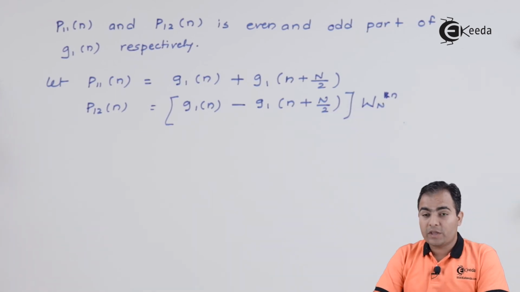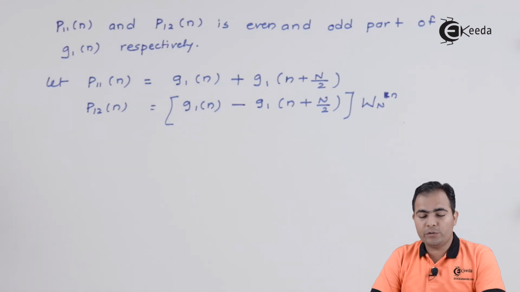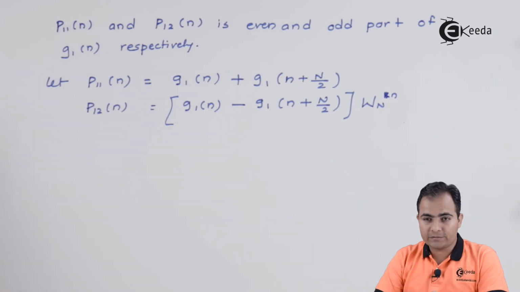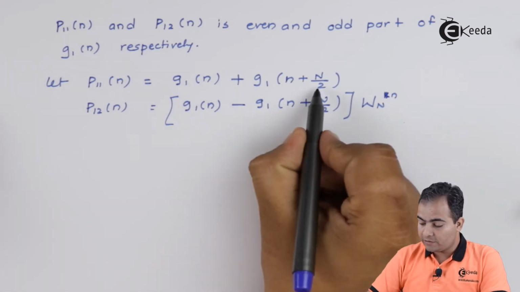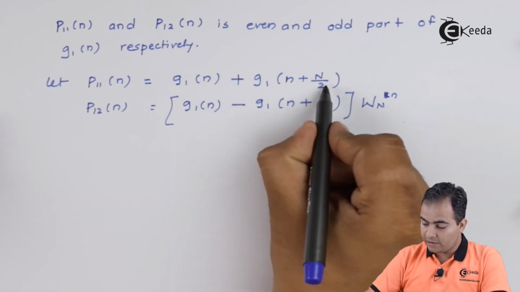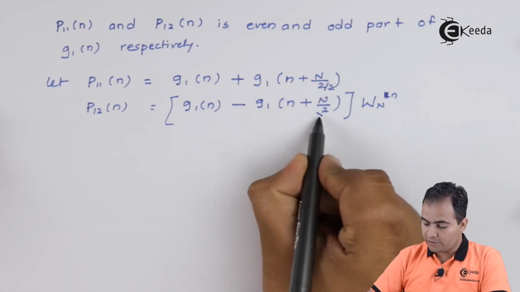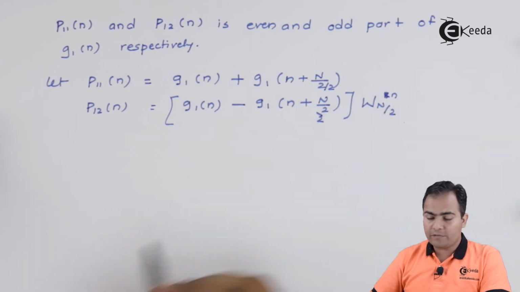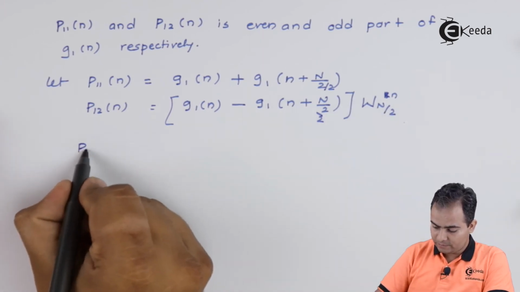But basically we have divided 8 points into 4 parts, and again we want to divide these n parts into 2 parts, which means right now we are not going to write this n by 2. We will write n by 2 by 2, here also n by 2 by 2, and here also this n by 2 is again divided by 2. So what will be the final equation?